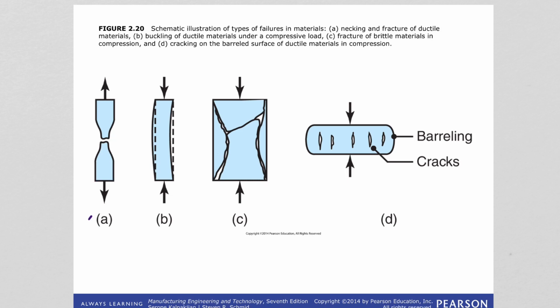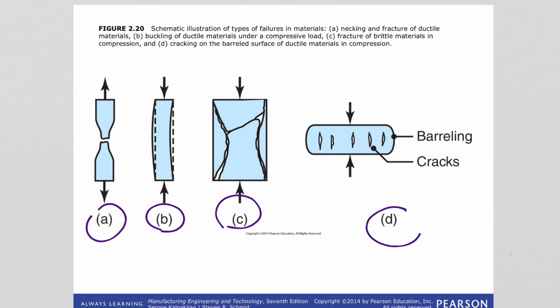So in A, we are seeing ductile material fracture. First the necking and then the fracture of the material. B is showing us buckling, failure by buckling under compressive loads. And C is fracture of brittle materials under compression.